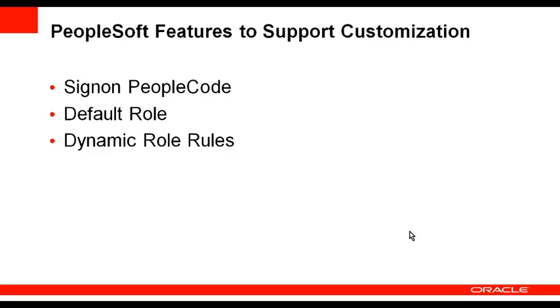PeopleSoft has the capability of accessing that back-end database to see what the current role and department is, and changing the role of the user based on those features. The other aspect of this is there's a feature called group membership in LDAP, and based on the group membership of that user, their role can be created or changed as that changes.